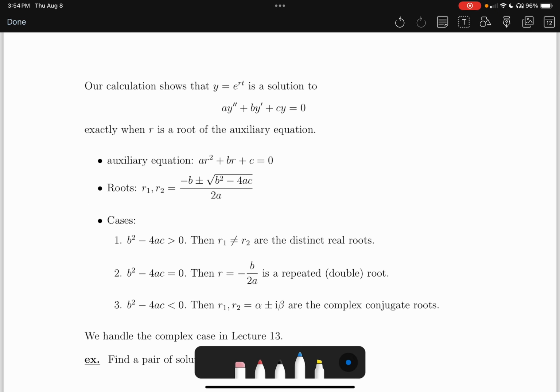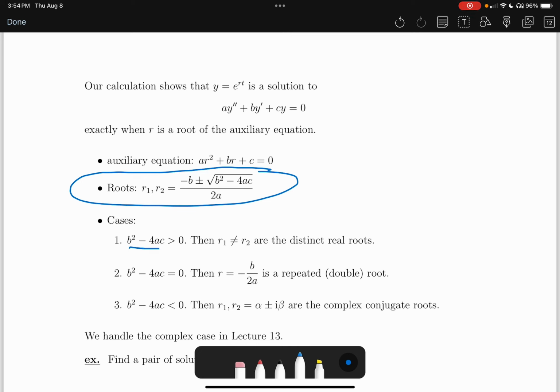Well, because we're dealing with a second order ordinary differential equation, we can rely on the quadratic formula. So we can find the roots with the quadratic formula, and there are going to be 3 cases. So we have the 2 real cases, which is what I was mentioning at the beginning of the video.